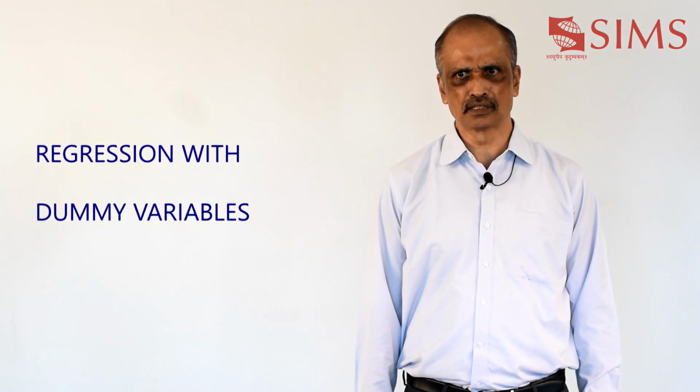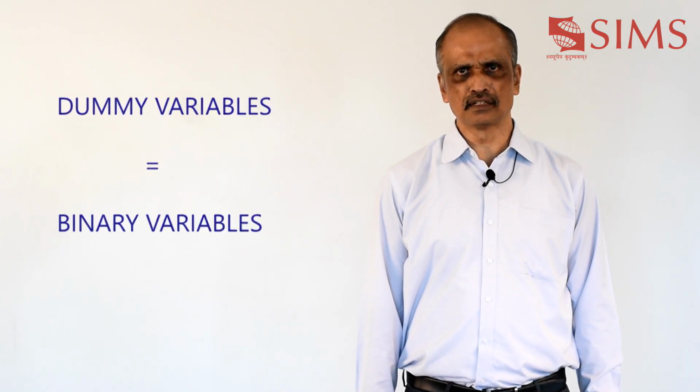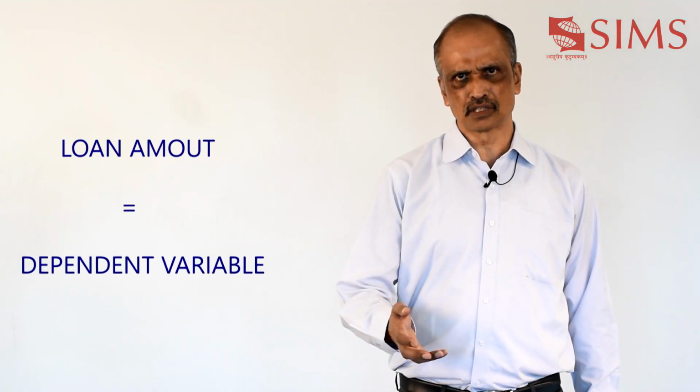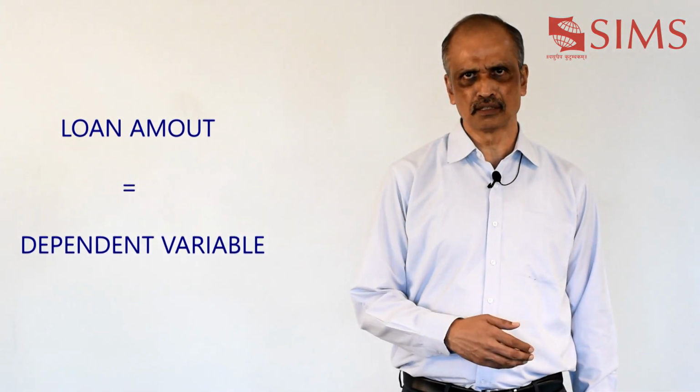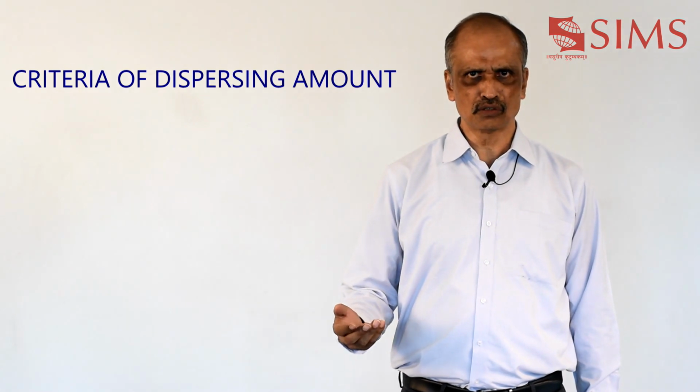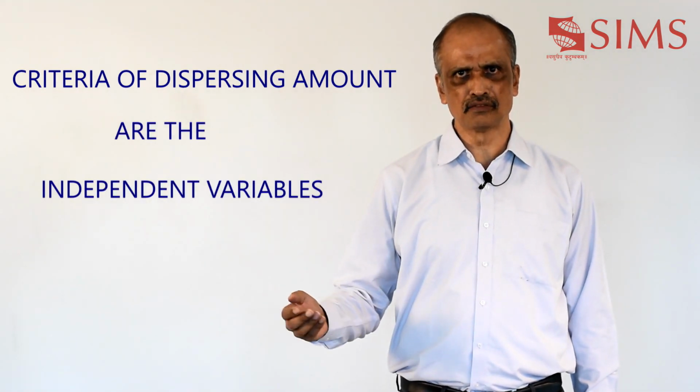This is another category of multiple regression, which is called regression with dummy variables, and it is also known as logistic regression. Dummy variables are nothing but binary variables which can take two values, 1 and 0. Let us take an example of loan amount. Let us say a banker wants to disburse a loan amount, that's the dependent variable. What will be the criteria on which he is going to disburse the loan amount? They are all going to be the independent variables.